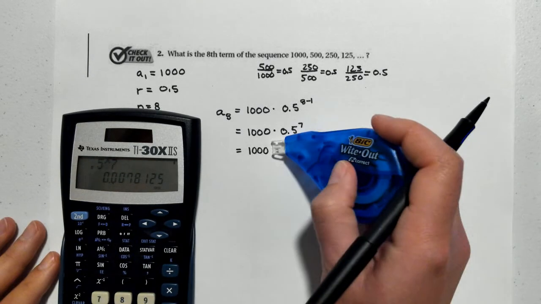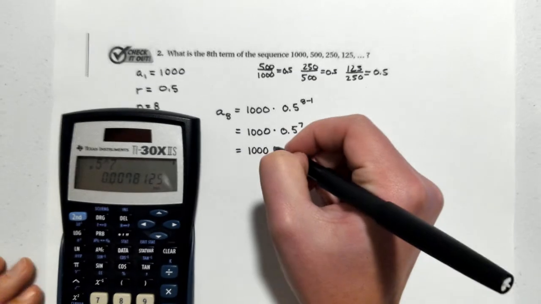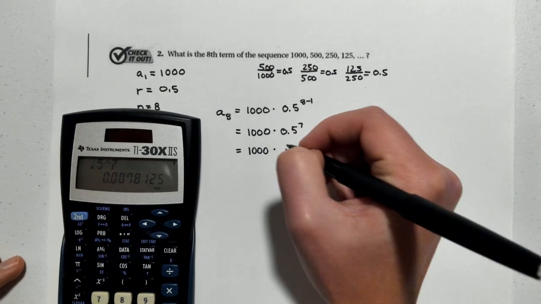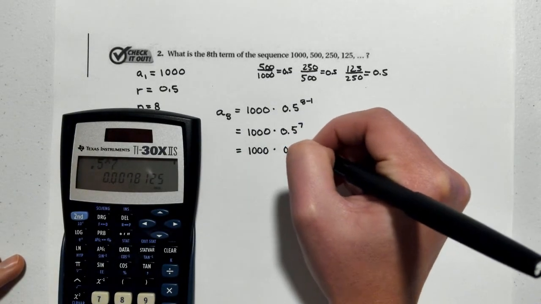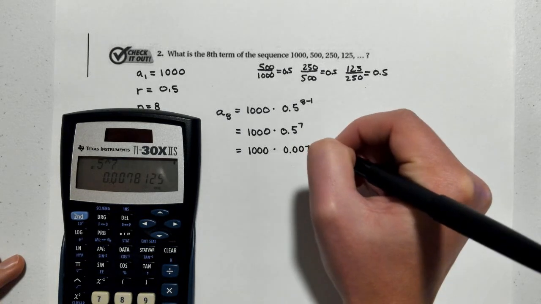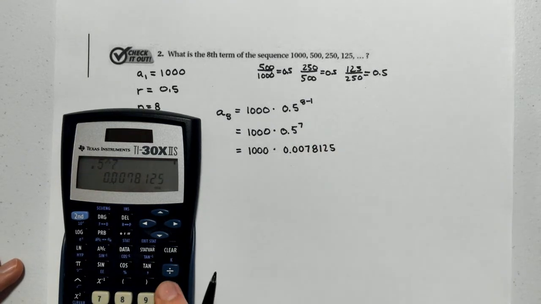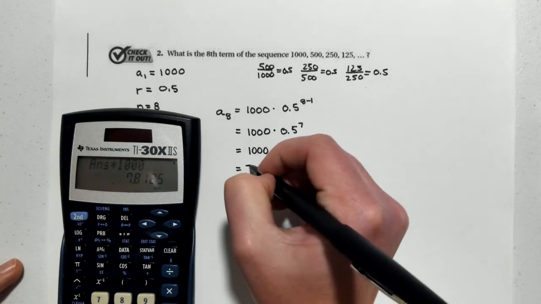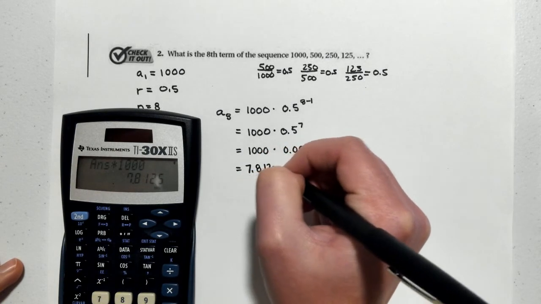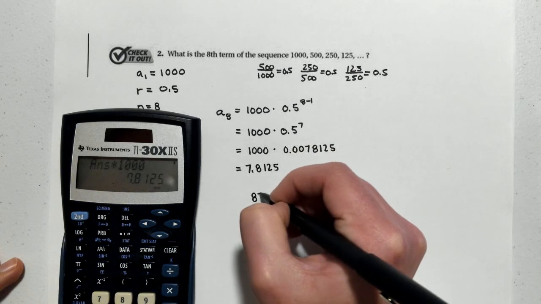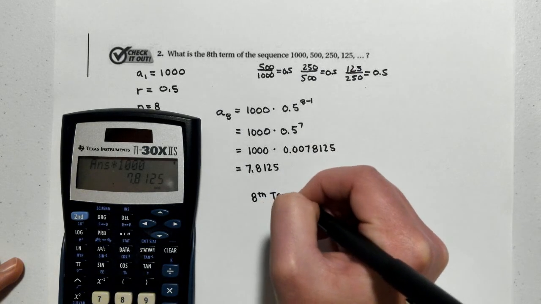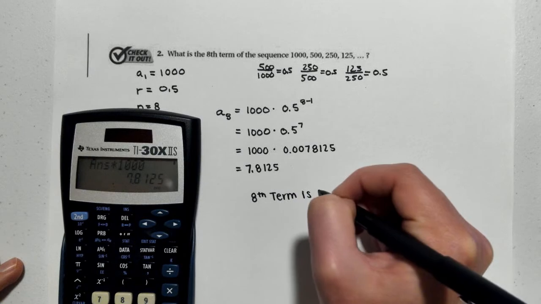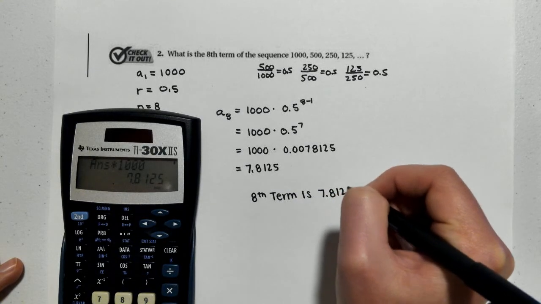I just put it in my calculator, and we get 0.0078125. And then we multiply that by 1,000. So we get 7.8125. So our 8th term is 7.8125.